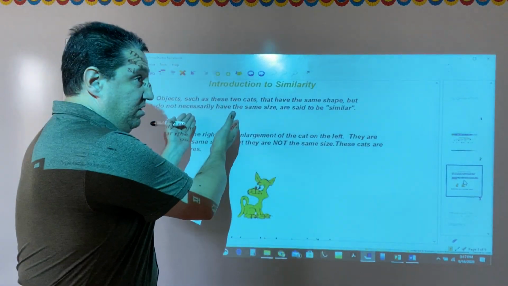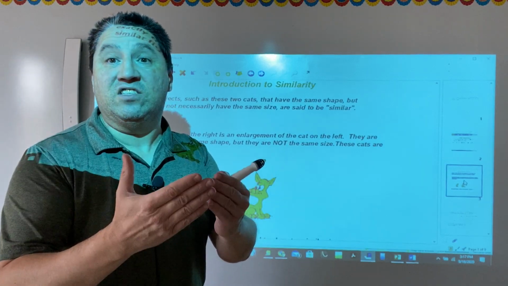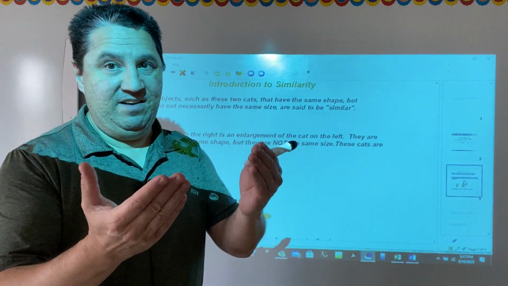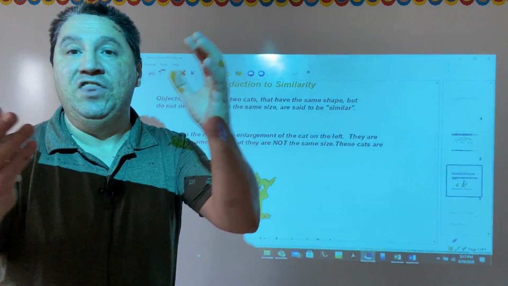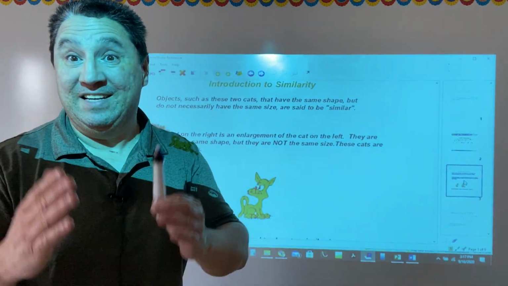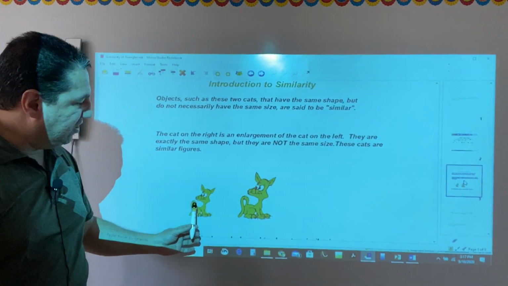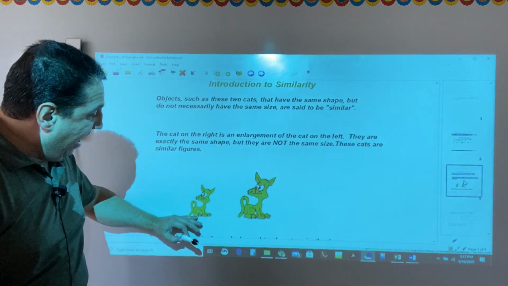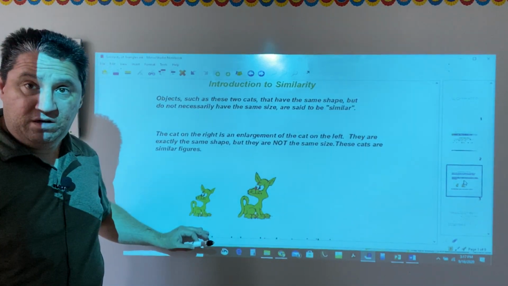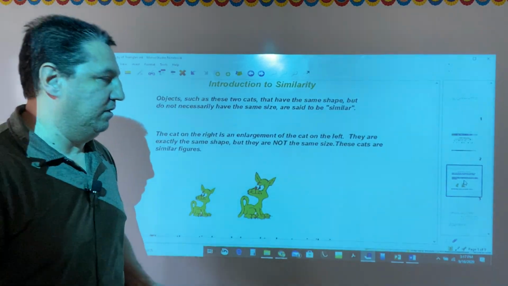But this time, the only thing that is the same is just shape. When we talk about similarity, the objects have different size. Like in this case, as we look at these two cats, they have exactly the same shape, but different size. That's why they are similar.